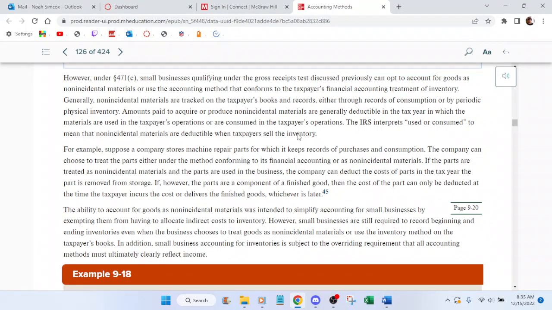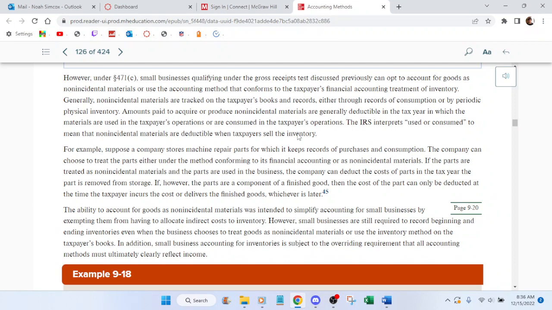Amounts paid to acquire or produce non-incidental materials are generally deductible in the tax year in which the materials are used or consumed in the taxpayer's operations. The IRS interprets used or consumed to mean that non-incidental materials are deductible when taxpayers sell the inventory.